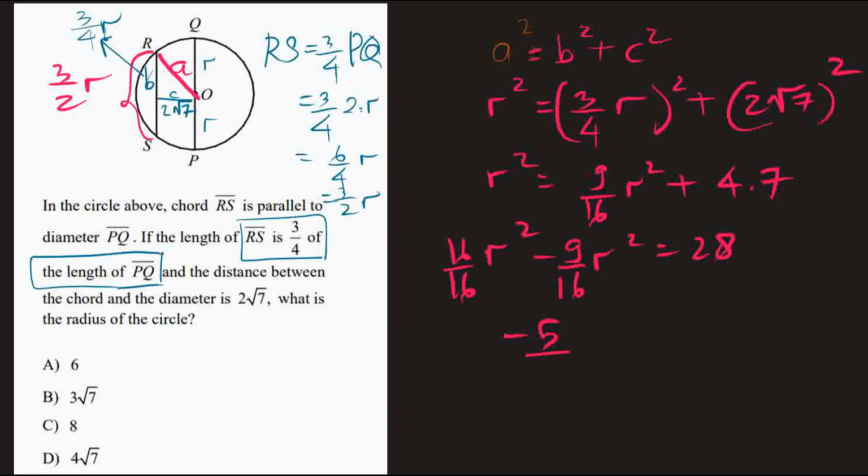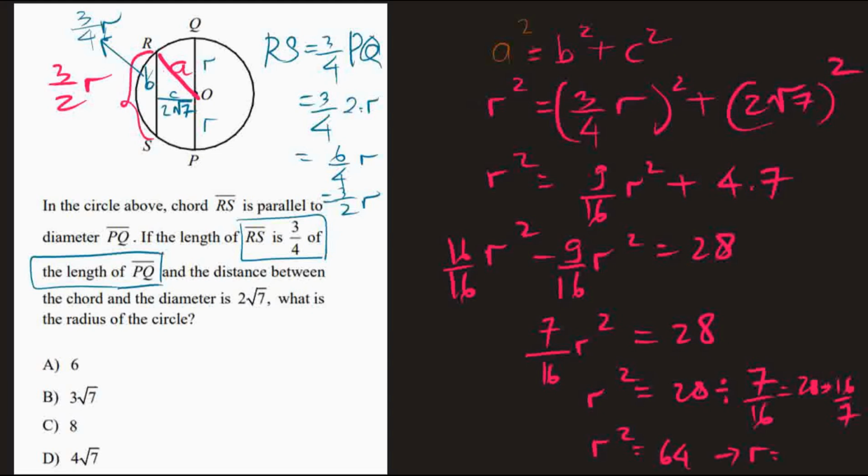So now it becomes 7/16 R squared equals to 28. Now R squared equals 28 divided by 7/16, equals 28 times 16/7, and R squared equals 64. So R equals 8. So that will be our answer.